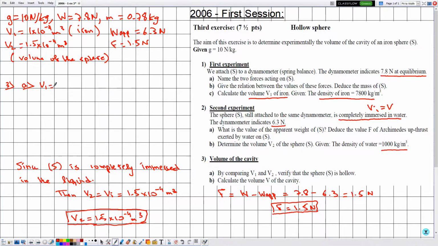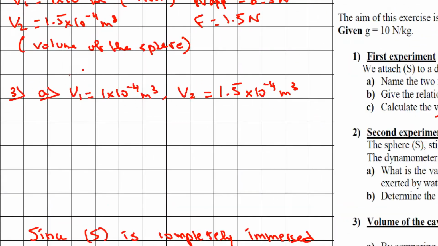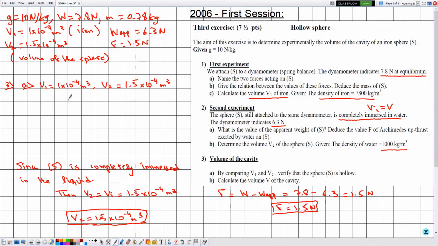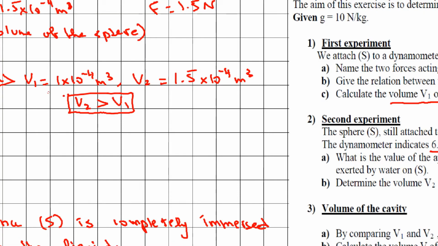The value of V1 is 1 times 10 to the power minus 4 meter cube, and the value of V2 is 1.5 times 10 to the power minus 4 meter cube. By compare, it means that we need to say whether V1 is greater, smaller, or equal. Since they have the same unit, the value of V2 is greater than V1, because V2 is 1.5 times 10 to the power minus 4, whereas V1 is 1 times 10 to the power minus 4.